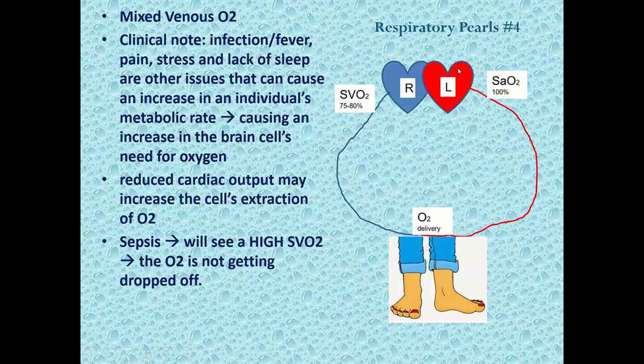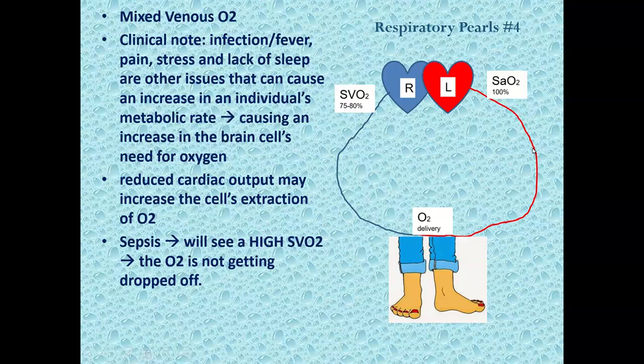So if we think about the UPS truck that starts here in the left heart, it's docked in the left side of the heart, and it's picked up a lot of blood with oxygen. So think about the oxygen as little O2 packages. And so the truck picks up all of these O2 packages, and it makes its way around the body.